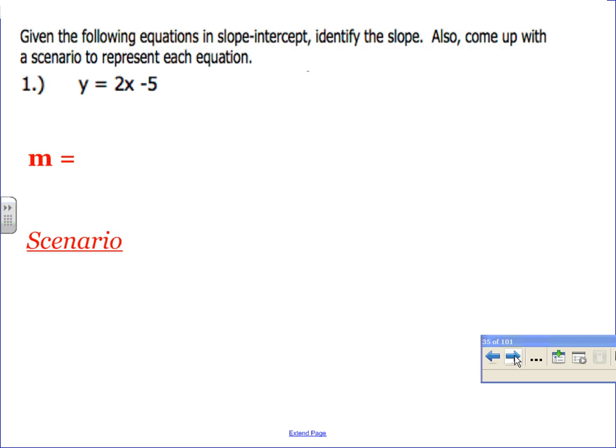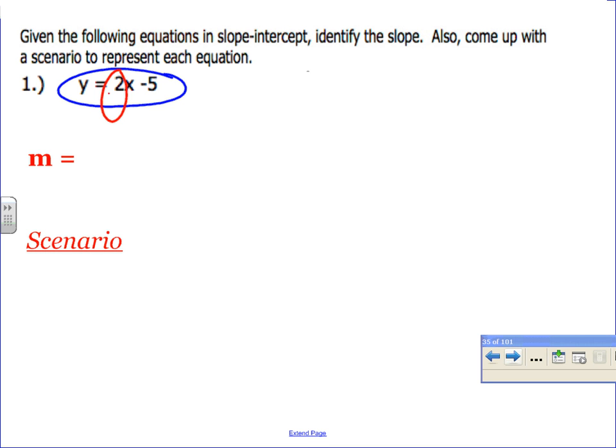So let's first look at the equation. First thing that you want to ask yourself is, is the equation in slope-intercept form? So when you look at this, it is in y equals mx plus b form. Slope is always either a fraction or a whole number, and it's always next to x. So you should see that your slope is right here.